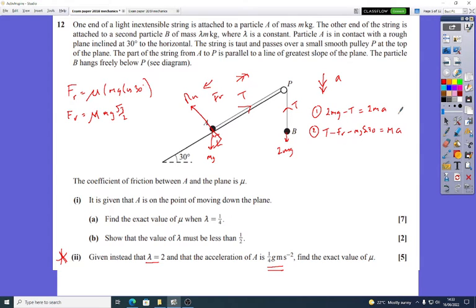First of all, add these together. So add those, the T's will cancel. That's a half now, don't forget, sine 30 is a half. So that's a half mg, so 2 mg take away half mg is going to be 1.5 mg, minus friction, is equal to 3 ma.